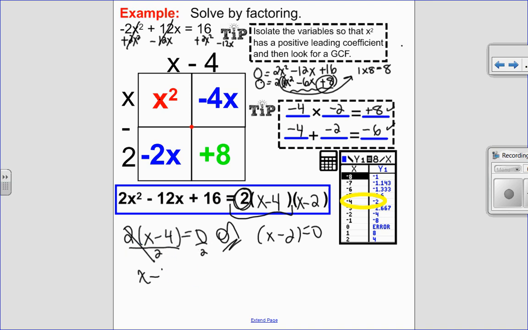So x minus 4 equals 0. Then I'm going to add 4 to both sides, and I get x equals 4. That's my first solution. Or on this side here, I will add 2 to both sides and get x equals 2. So those would be my 2 possible solutions to that quadratic.